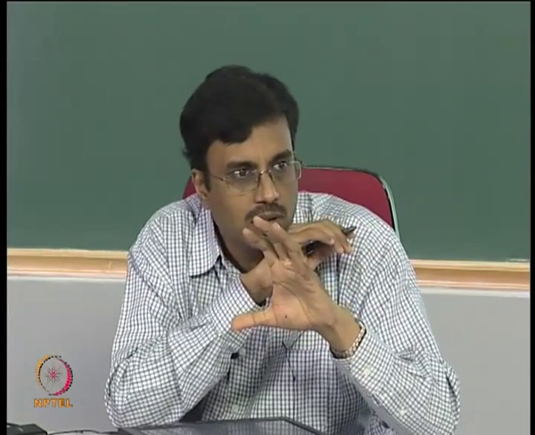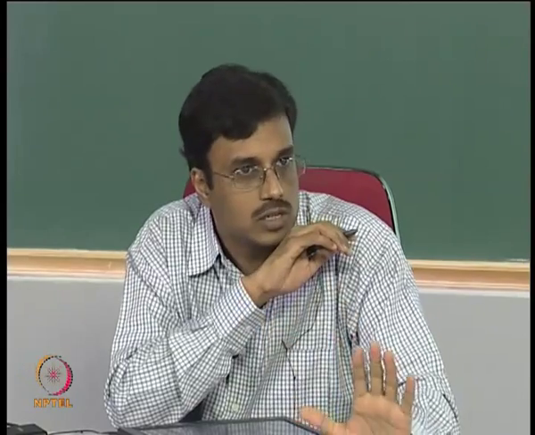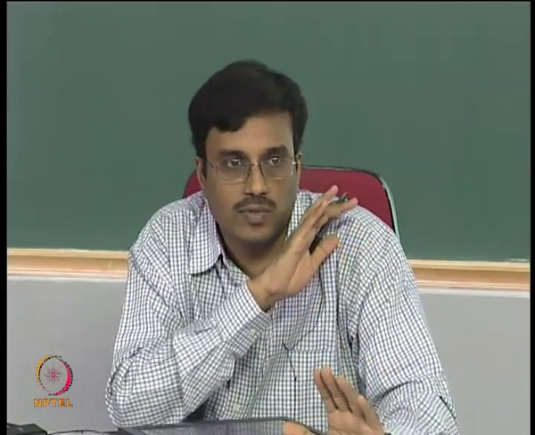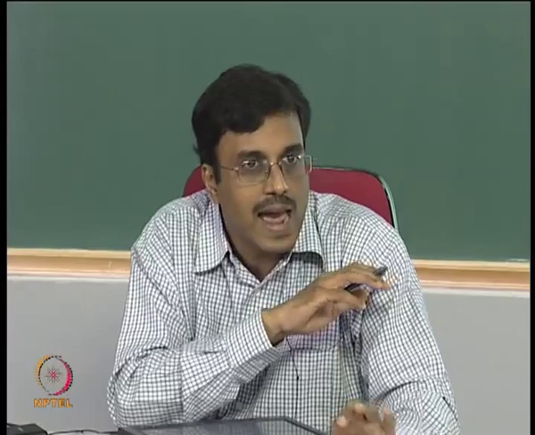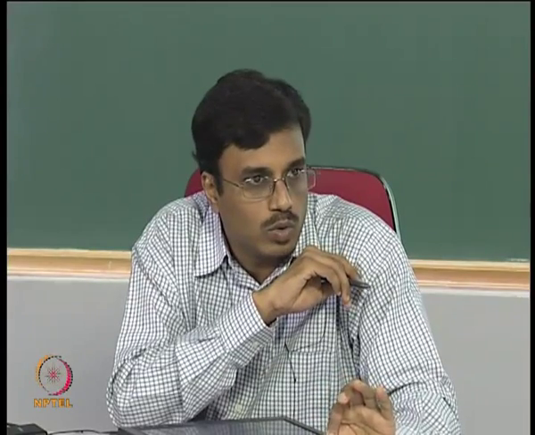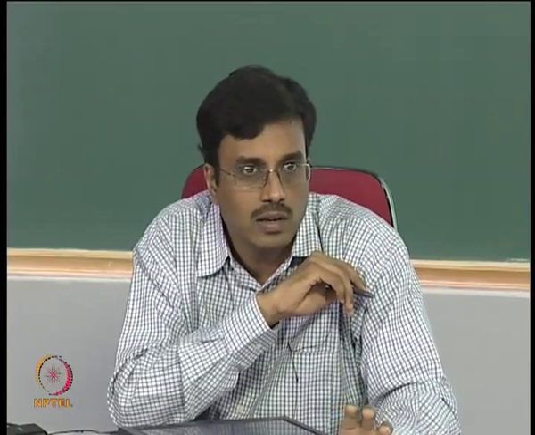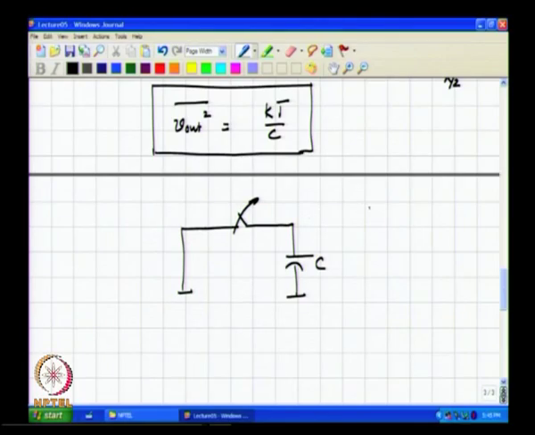There is some random voltage on the capacitor. That random voltage is because of noise, and the mean square value of that random voltage stored on the capacitor is kT by C.